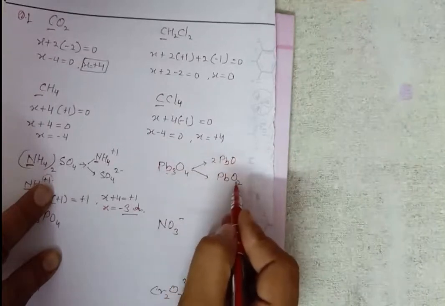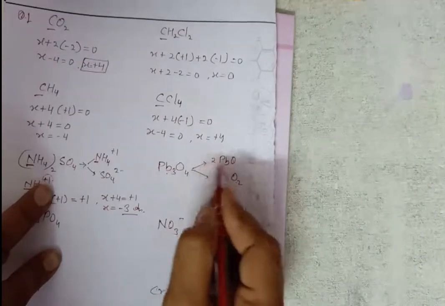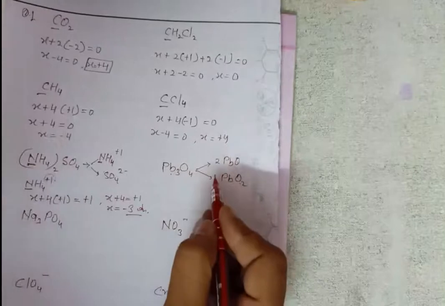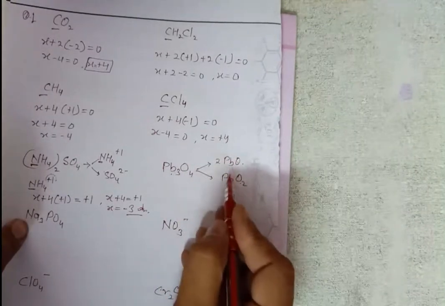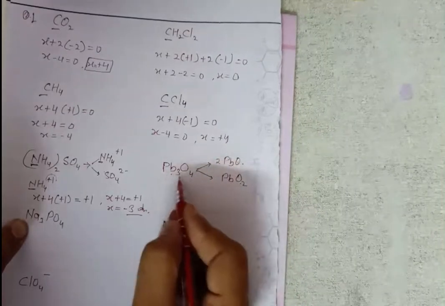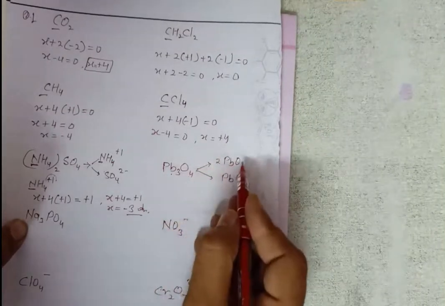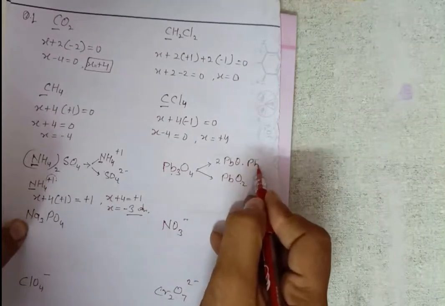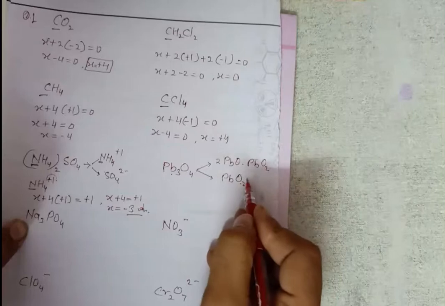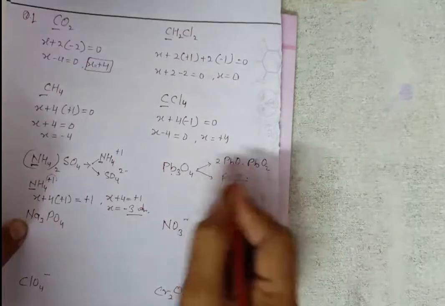And how many oxygen? 2 oxygen here, 2 oxygen here. Total how many oxygen? 4. So this is the actual form of Pb3O4. But in combined form we write Pb3O4, not like PbO.PbO2. We can write it this way also, PbO plus PbO2. Okay, it's the same thing.